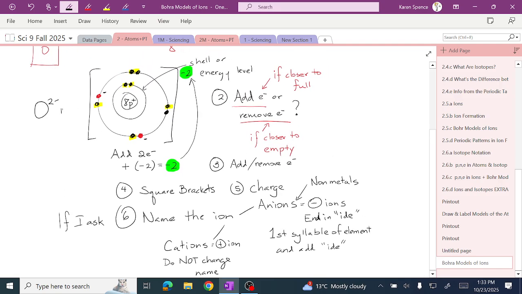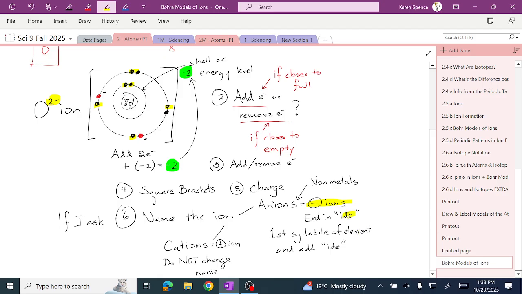So how would we name this O2 minus ion? What would we name that? Tell your partner the name of this O2 minus ion. It is negative. And negative ions, what do they do?